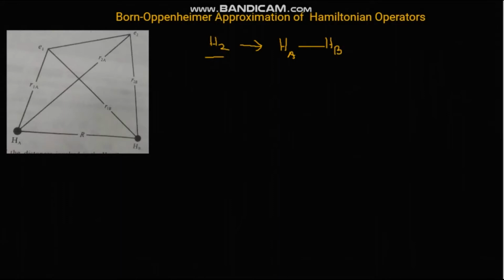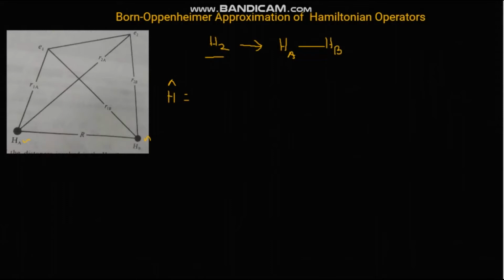So this is the hydrogen A and this is the hydrogen B. The two atoms are bonded. Now because they are bonded, what are all the energies associated with it? That is given by the Hamiltonian operator H cap. What are the energies concerned with this?